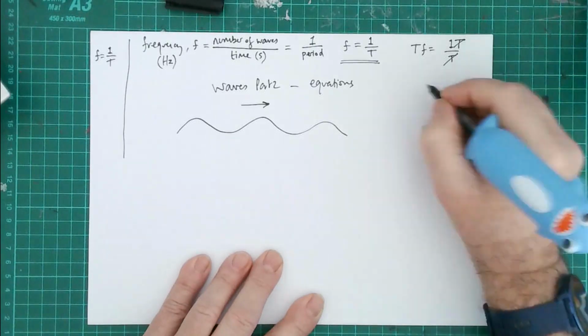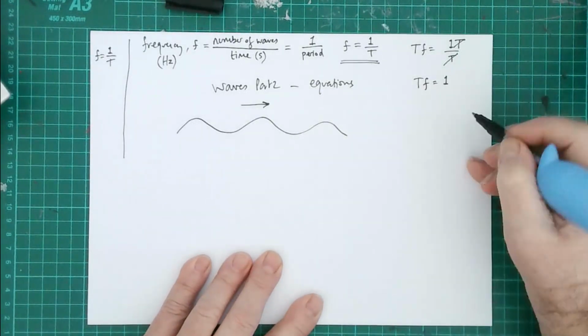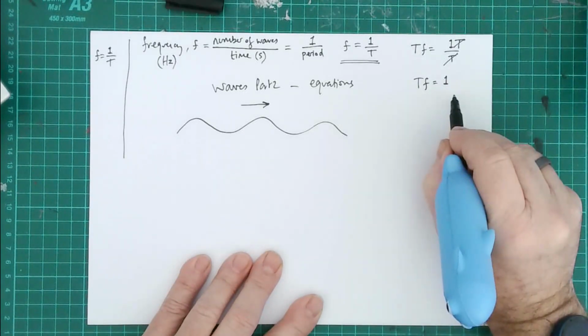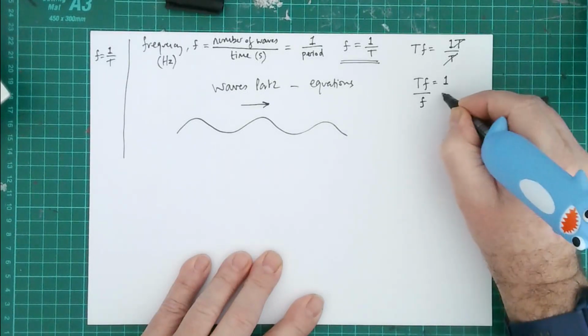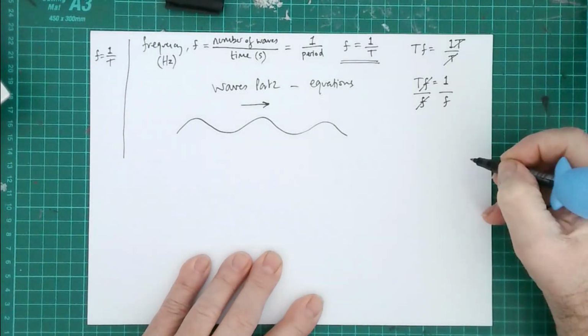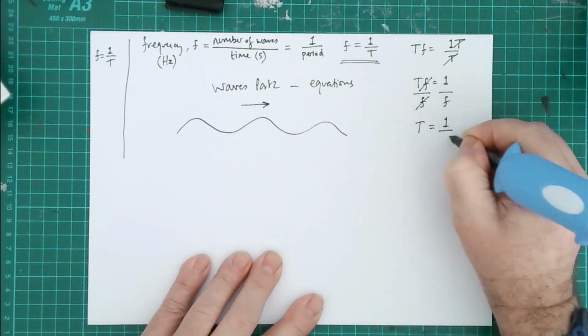If I've got Tf equals 1, I can get T on its own if I divide both sides by f. So if I divide that by f and I divide that by f, I end up with that being cancelled out, and I have T, time period, equals 1 over frequency.